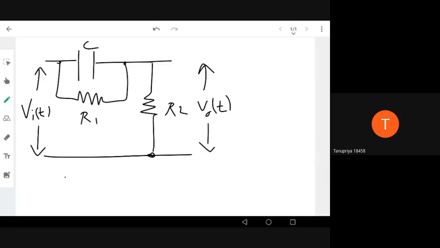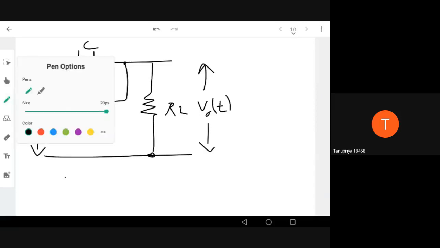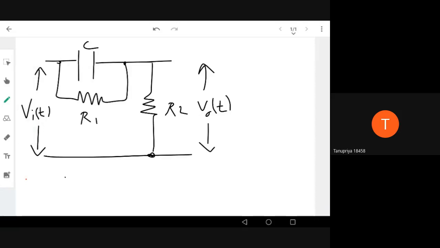So you can assume a current I1(t) or I(t), whatever, in this whole circuit. So what do you want to find? You need to find the transfer function of this circuit.